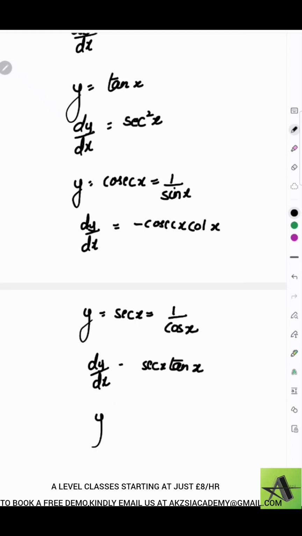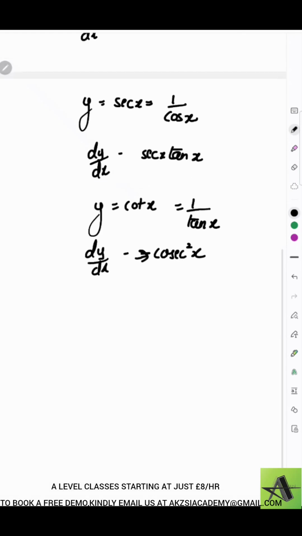And if your function is cot x, it's reciprocal of tangent, which is 1 over tan x, and differentiation of cot x is minus cosec squared x. So these are the differentiation of these trigonometric functions.